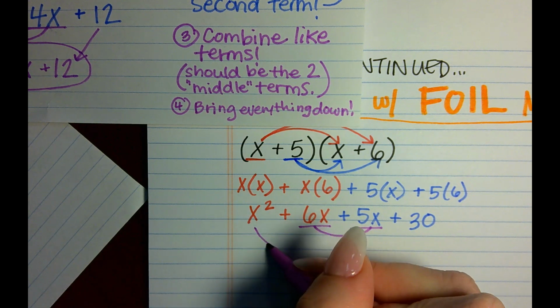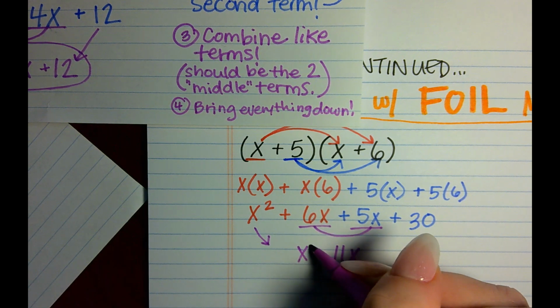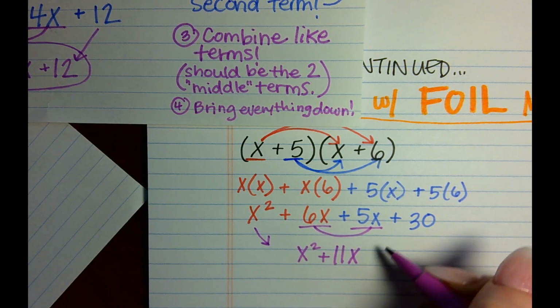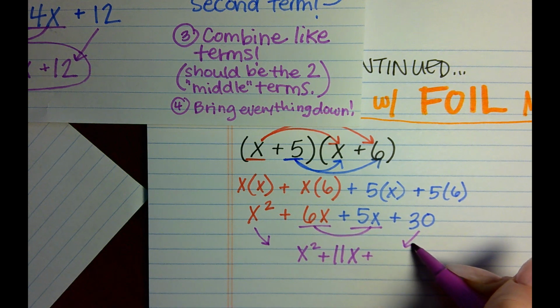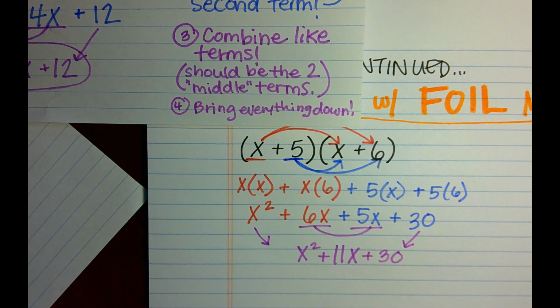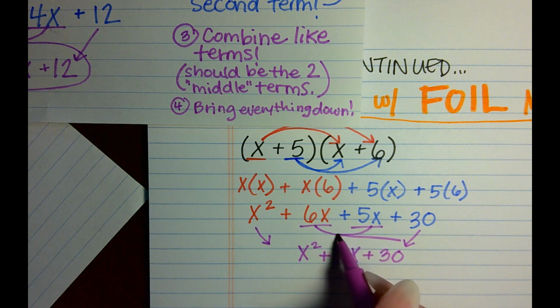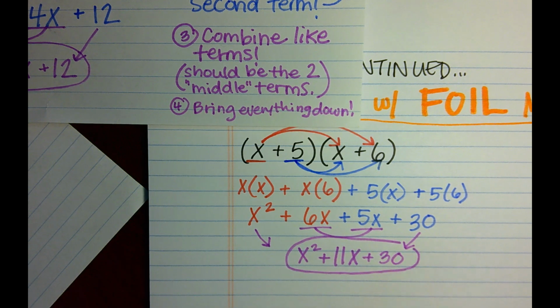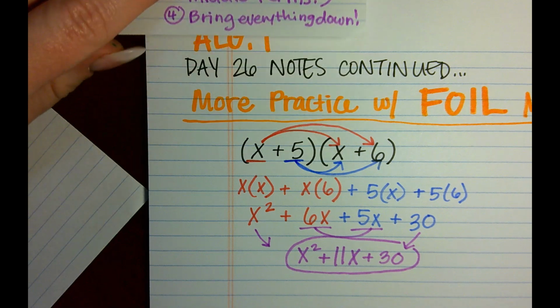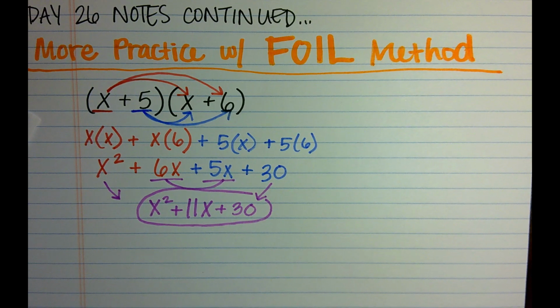We bring down x squared plus 11x plus 30. And that is our answer.